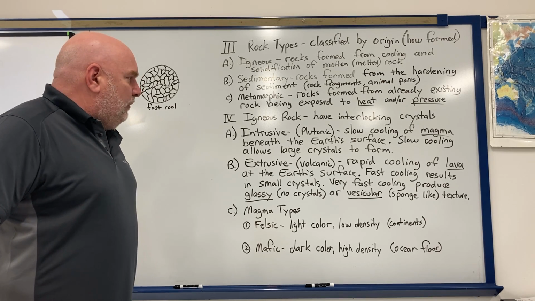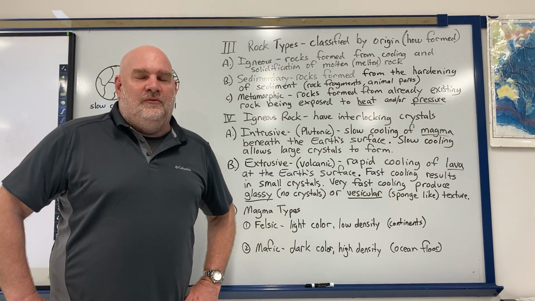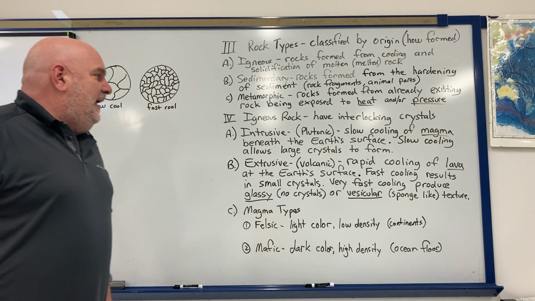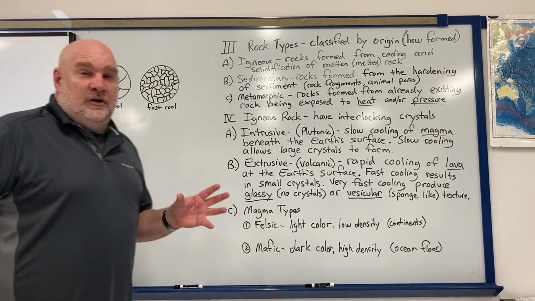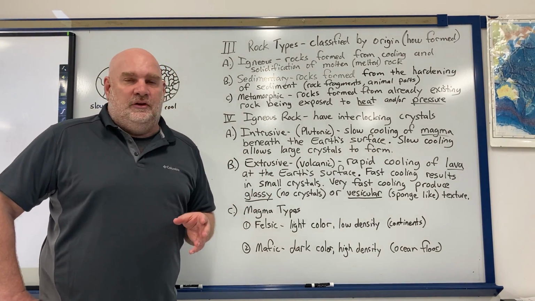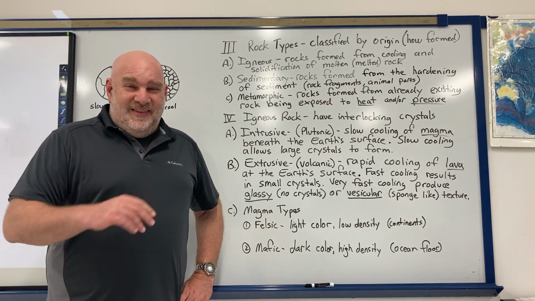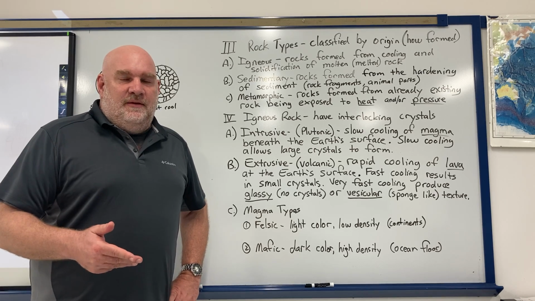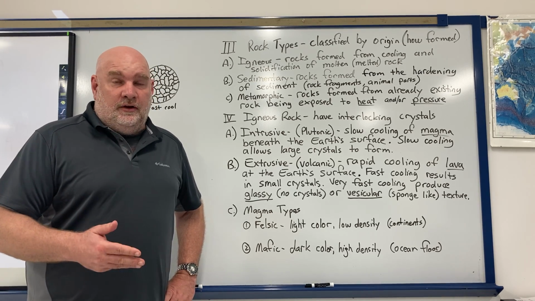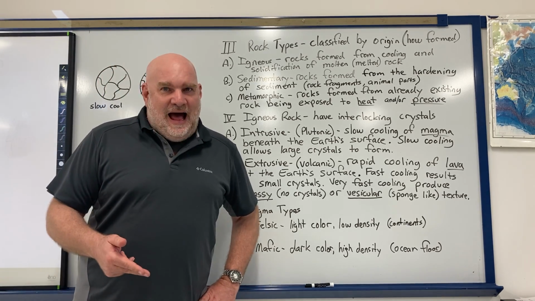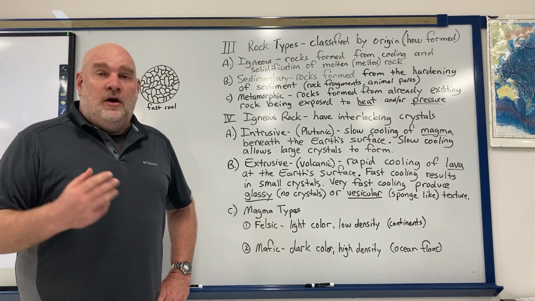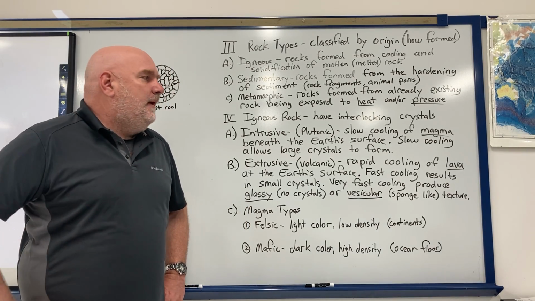Now, when I look at igneous rocks, one thing I can notice about them that's different between a lot of them is sometimes they have really big crystals and other times they have really small crystals. And what determines that is how fast the melted rock cools and hardens. And what determines that is where the rock formed, right?